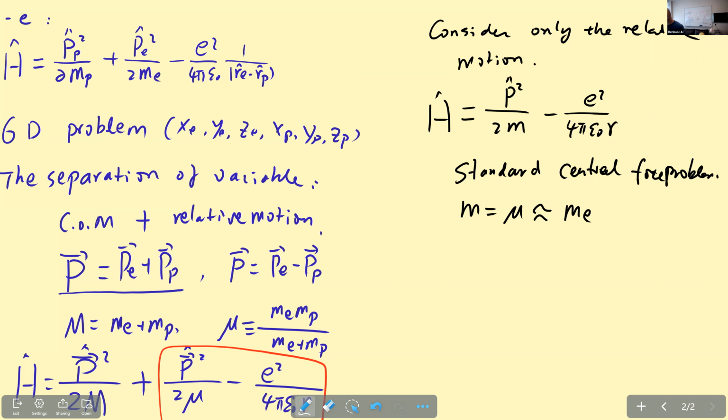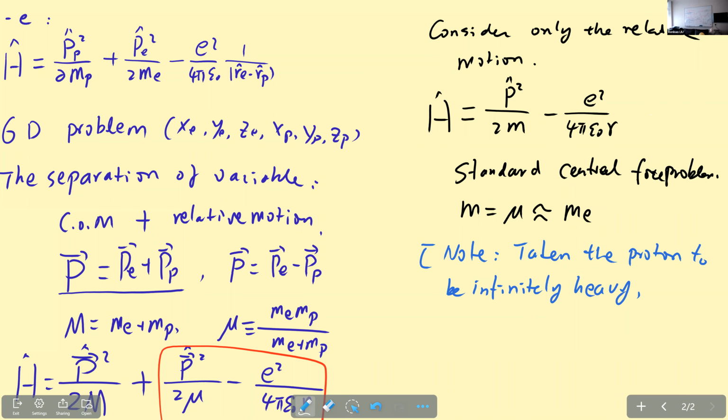And sometimes we can also say that we take the proton to be infinitely heavier, okay, so that it has no motion.